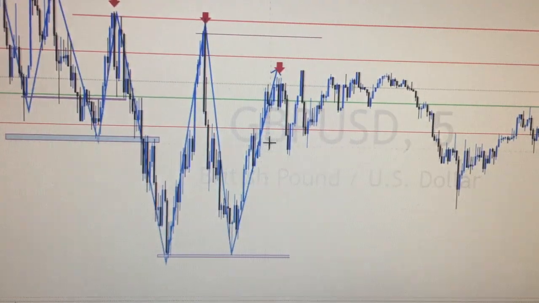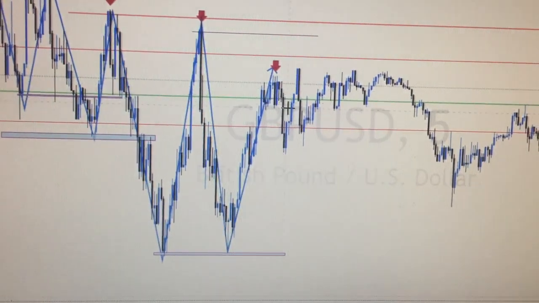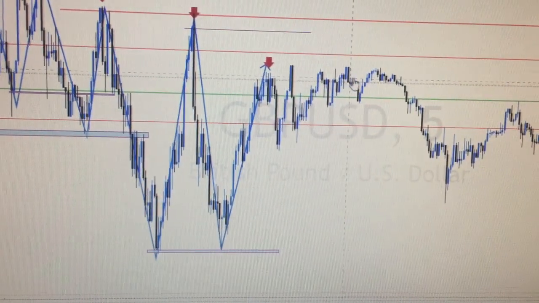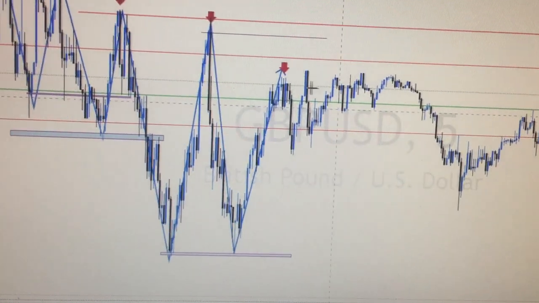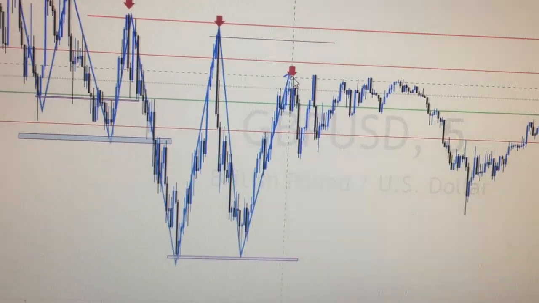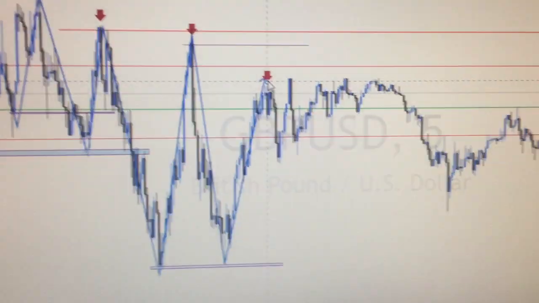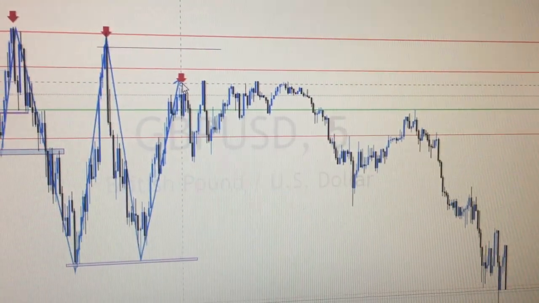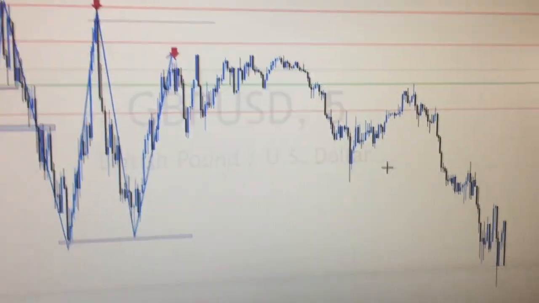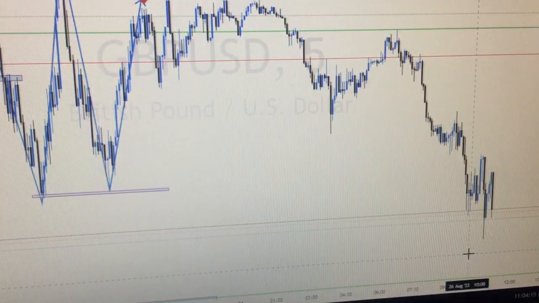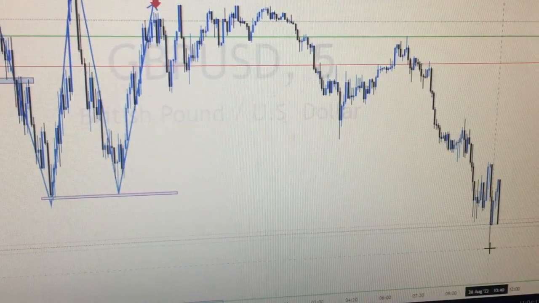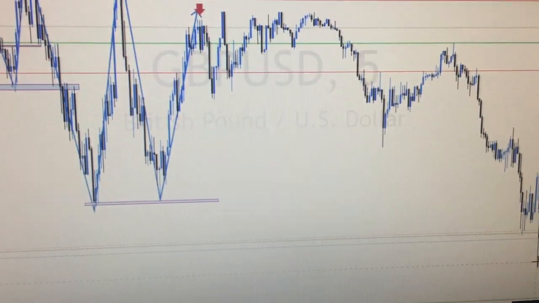So take a look at how the market played out. It just consolidated and dropped. It never made any higher than that one. It's a very clear thing, a very smooth movement. Right now trading down. So it's as clear as that.